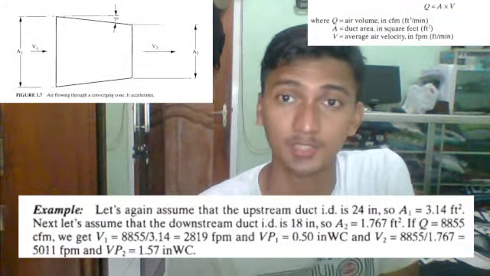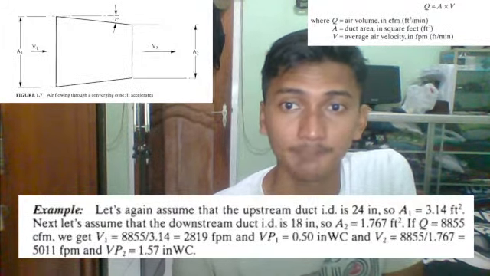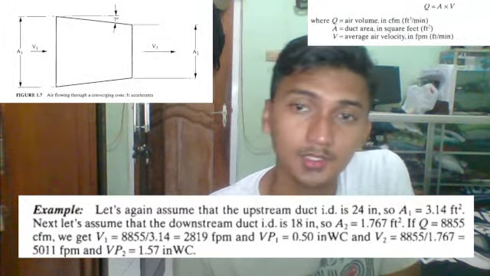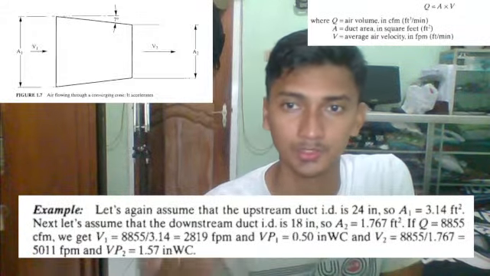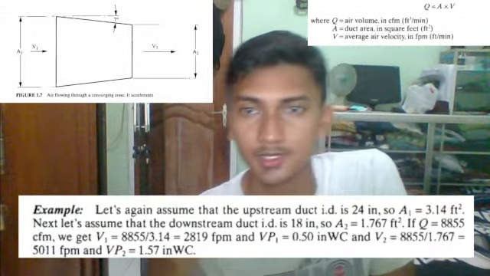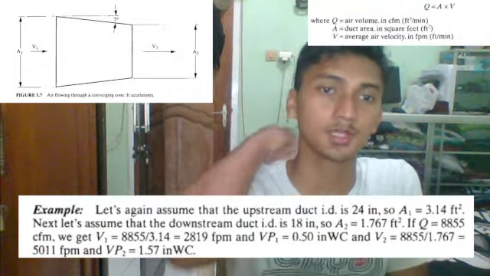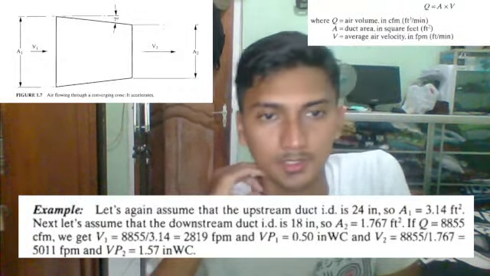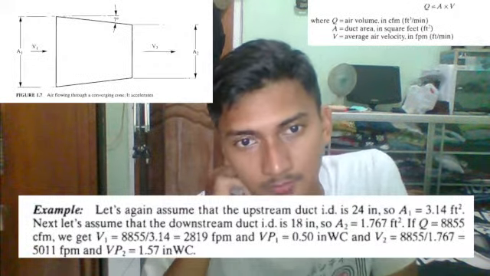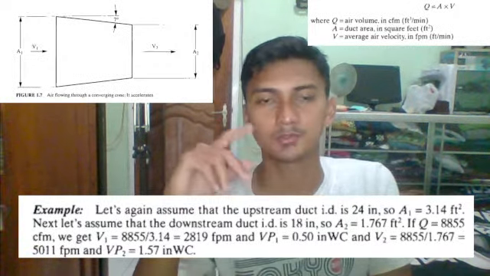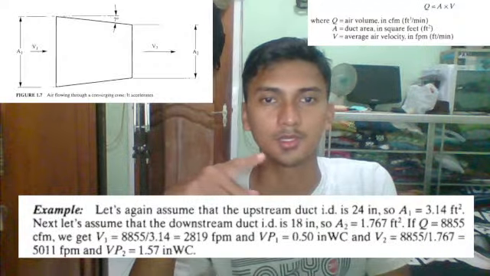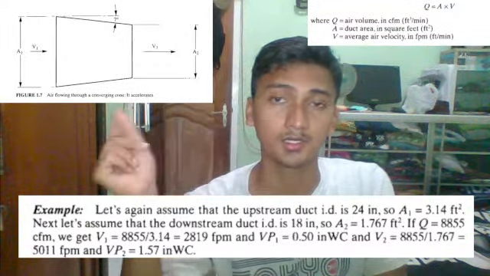WC is water column here. And V2 is equal to Q divided by A2, which results in 5,011 FPM, and VP2 is equal to 1.57 inch water column.